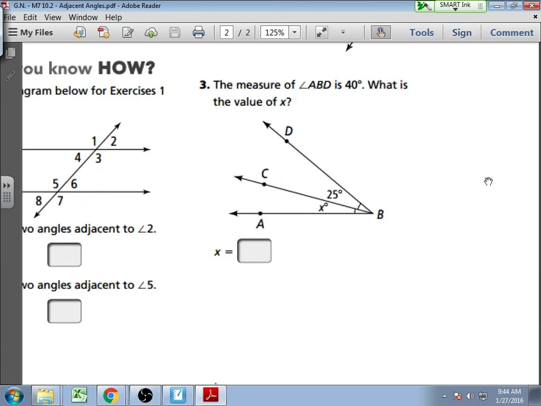If ABD, the whole angle, is 40 degrees, Cassidy, okay, what do you think? Sure.